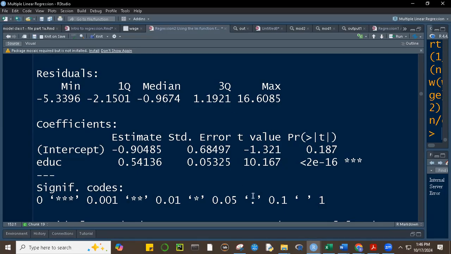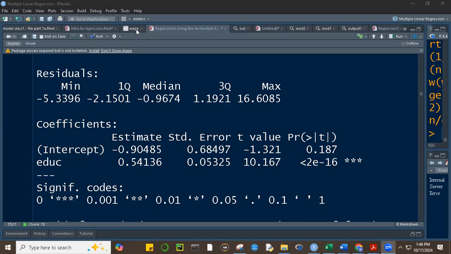So why are these important, class? It's important to compute the t value and the p value, because we would like to infer whether the estimate for our parameter, whether it's the intercept or the slope for the independent variable, is statistically significant.